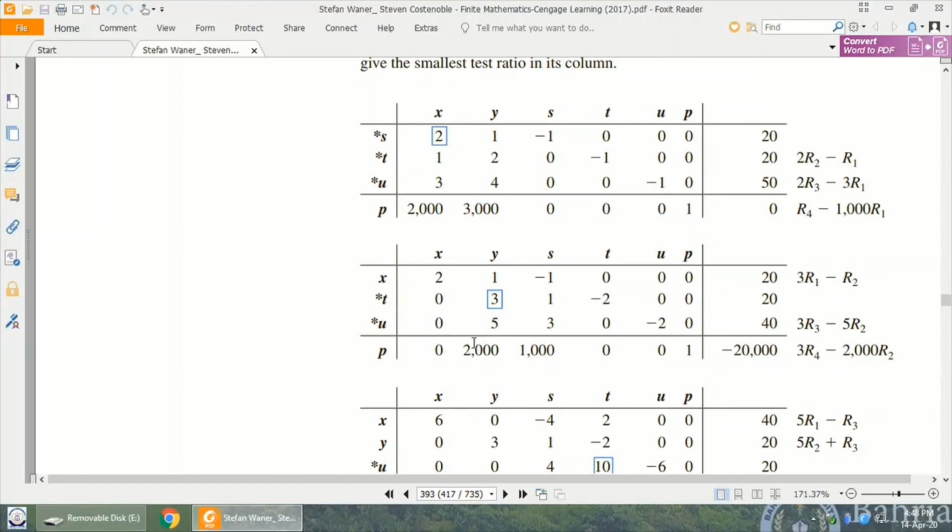Now, if you divide it by 1, it will give you 20. Can't accept that. If you even divide it by 3, it will not give you the lowest ratio. If you divide it by 5, it gives you 8. And if you divide 20 by 3, it gives you 6. So we can accept this number now.